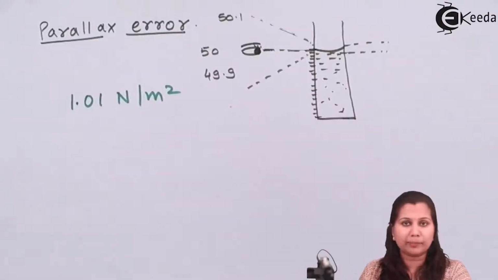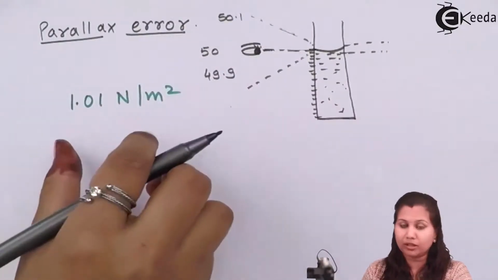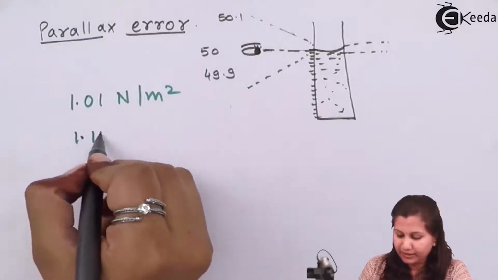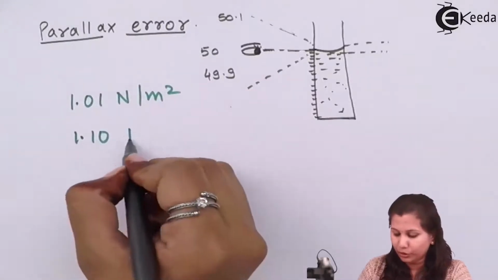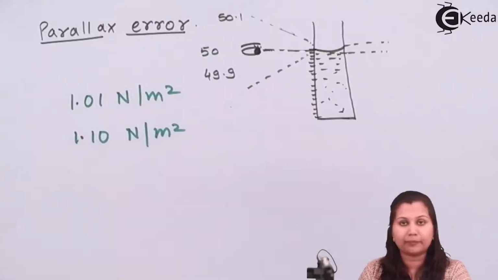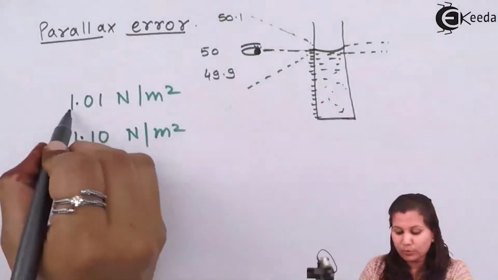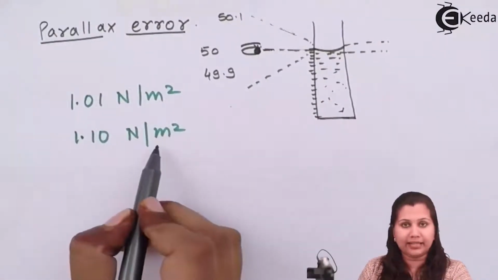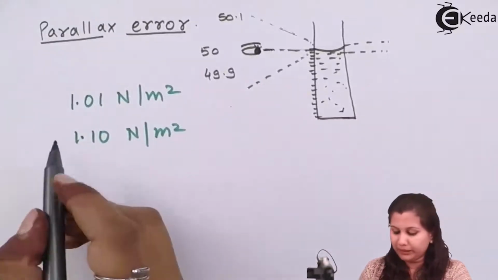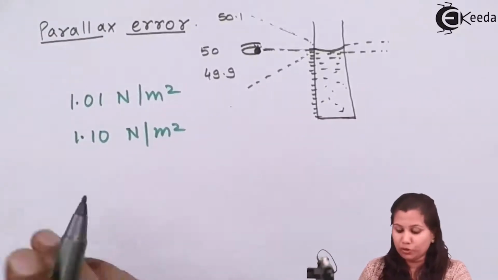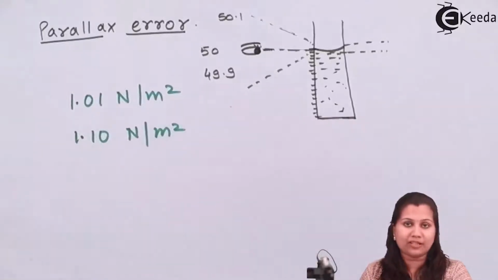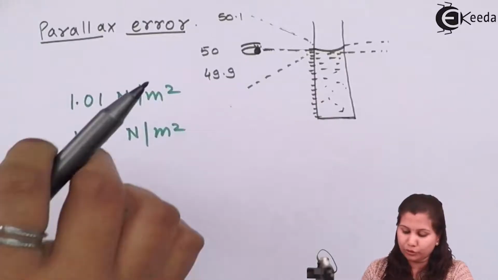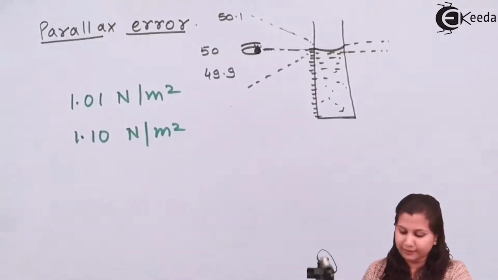Now when he is reporting that pressure, at the time of reporting, he has mistakenly reported 1.10 Newton per meter square. So actual reading was 1.01, but the operator writes 1.10 at the time of recording on the paper. So mistakenly, due to the mistake of the operator, the reading has been written as different. So this is also an example of gross error.